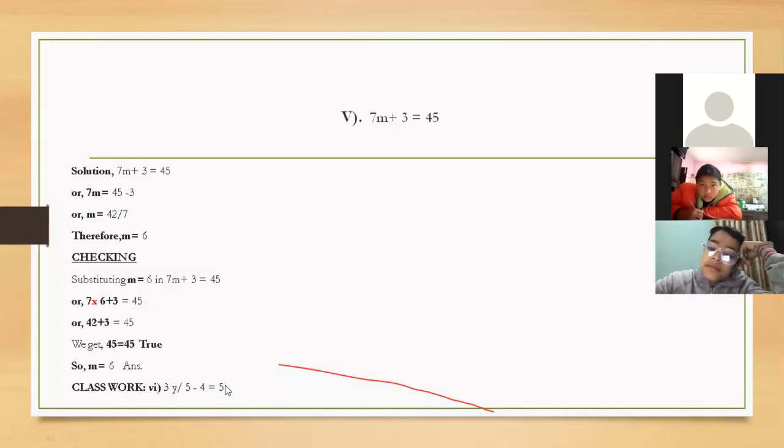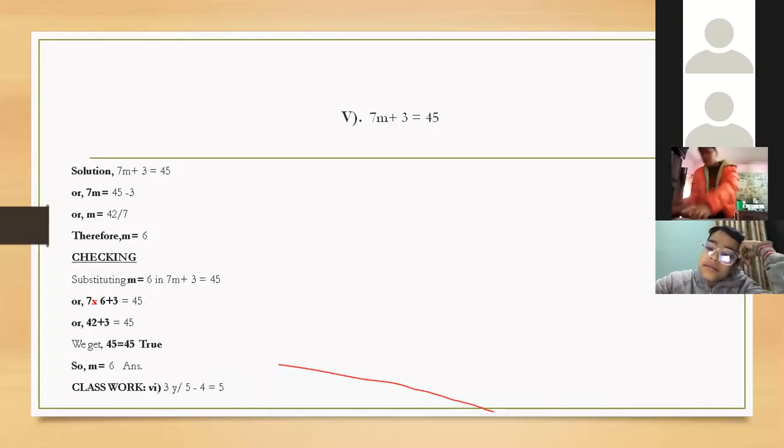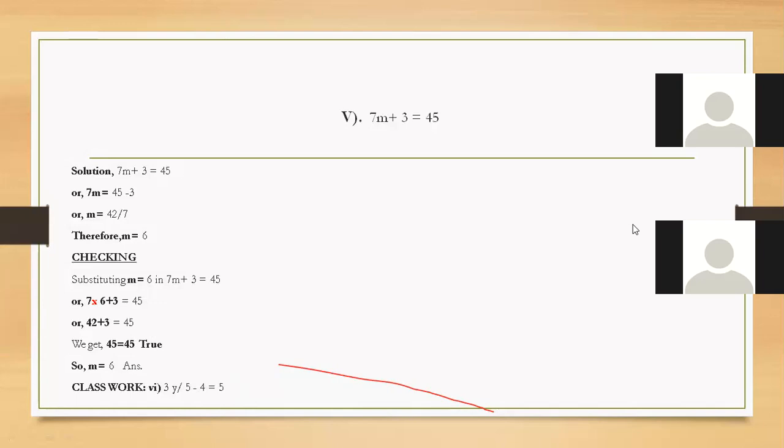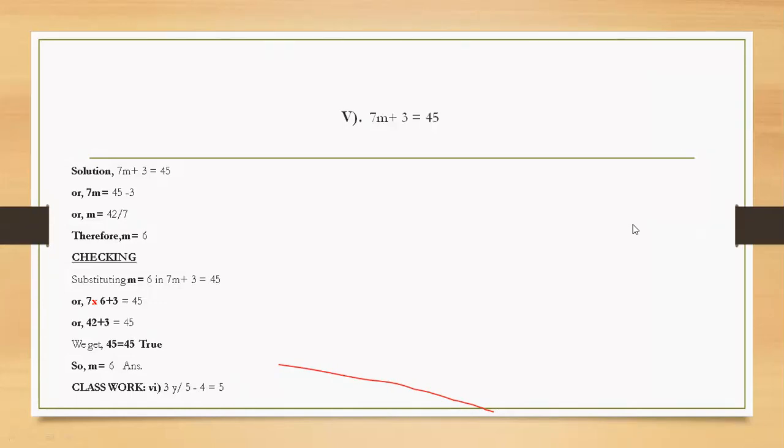After that we need to write 3y is equal to 45, and in every line write divided by 3. 45 will be divided by 3. Then it will be 15.